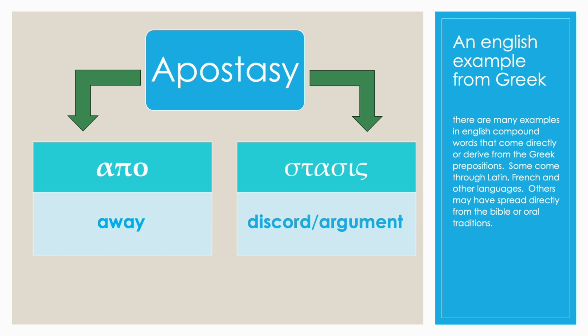And there is actually quite a large number of words like this in English, where a Greek preposition has joined another word, usually another word from Greek, to form a word. Sometimes it's even two prepositions that have come together. And exactly the same thing happens in the Greek as well.